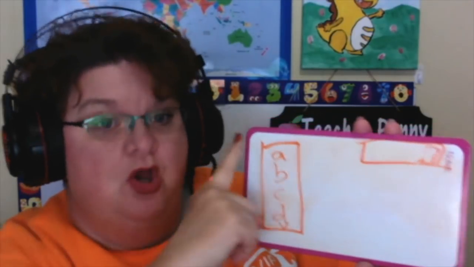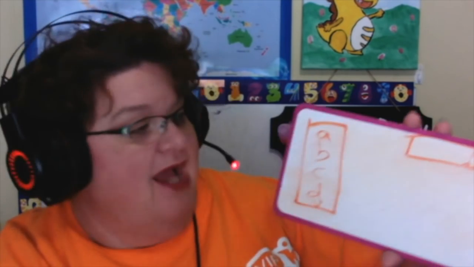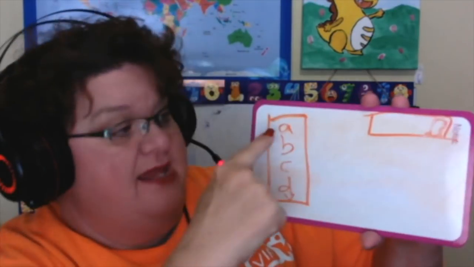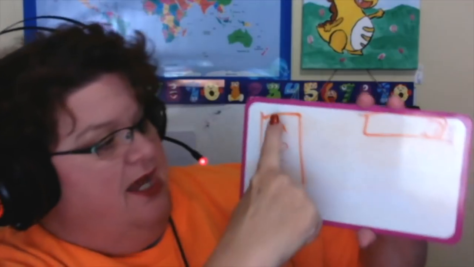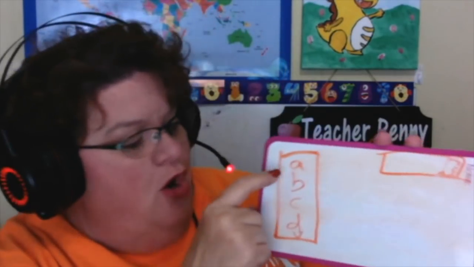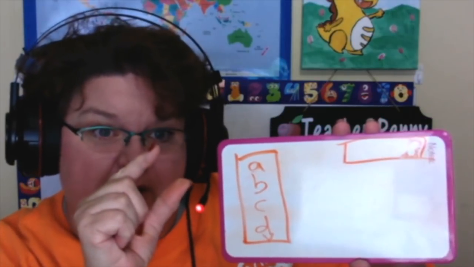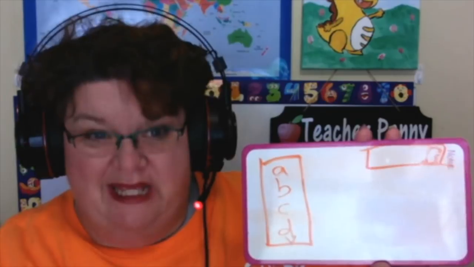So let's say I want them to drag A over there. I can say, drag A. Okay, and I can either hold up a whiteboard that has this drawn on it, or what I usually do is I take my mouse and go over to the item, show them my mouse, and say, drag A. When you hover your mouse over each item, it gets just a little bit bigger, and you can grab hold of it by clicking and holding.